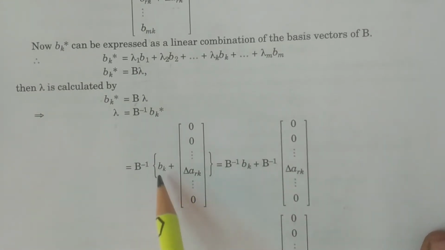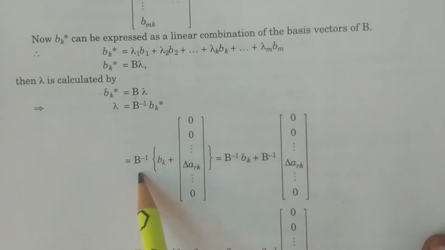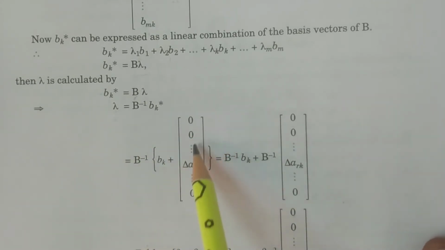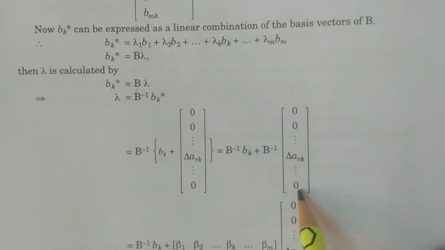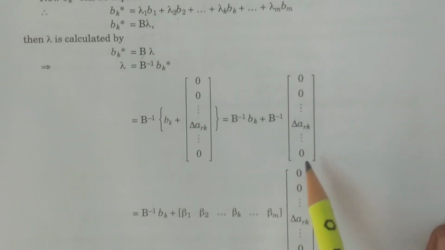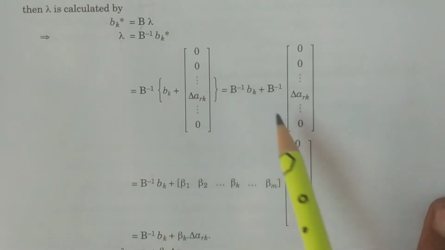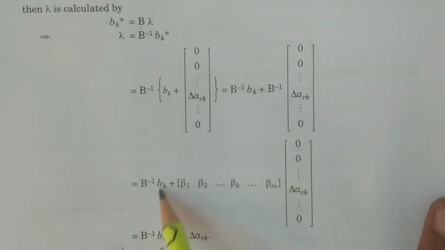So B inverse into bk star is B inverse into bk plus B inverse into 0, 0, 0 and so on delta rk and so on 0. So it can be expressed as B inverse bk, taking one particular multiplication, plus B inverse into 0, 0, 0 and so on delta rk and so on 0. This is the first calculation.